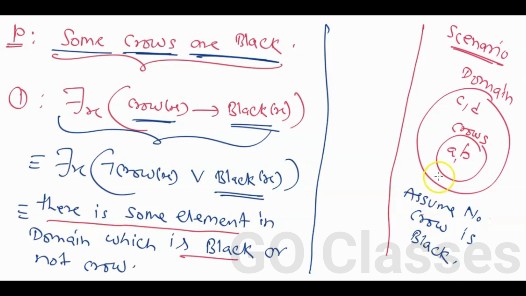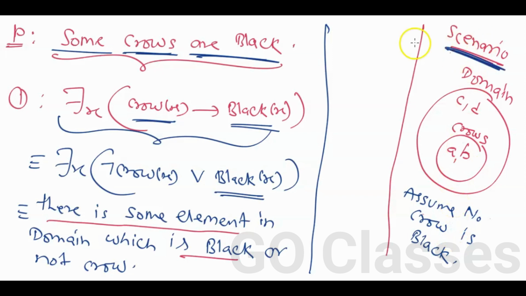Just assume it. That no crow is black means A is not black, B is not black. So A and B are crows, and in the domain we have everything: A, B, C, D. C and D are not crows, and let's assume that no crow is black.